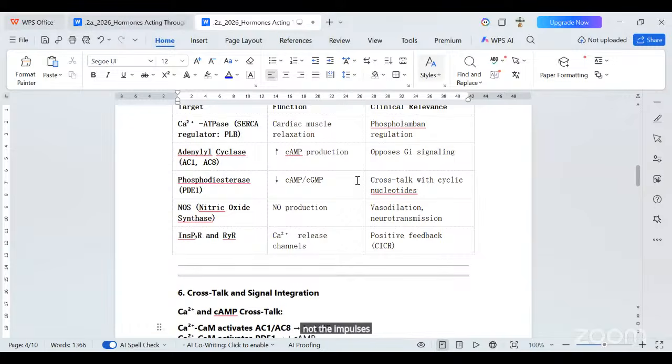So that is used for the treatment of poor coordination of nerve impulses.